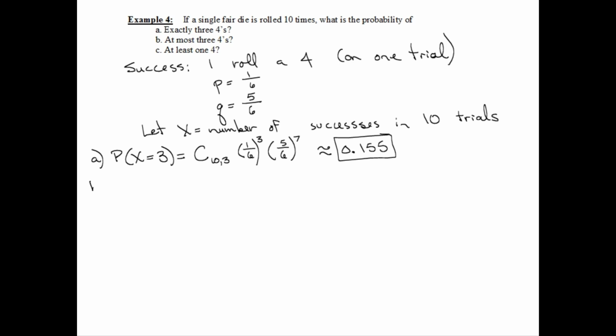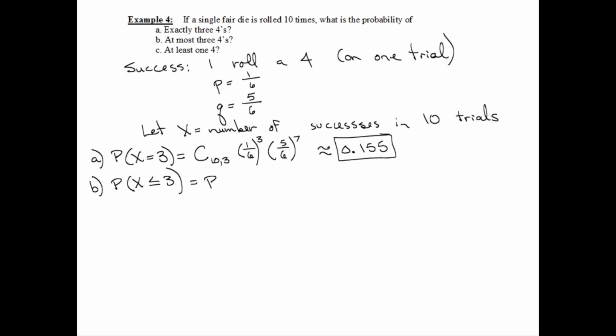Let's move on. Let's determine the probability of having at most 3 successes. So that means up to 3 successes, so the number of successes will be less than or equal to 3. We're going to have to do each of these separately. Our formula only gives us the probability for having a fixed number of successes. And so here we're going to have several possibilities for the numbers of successes.